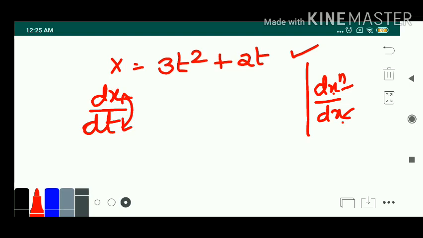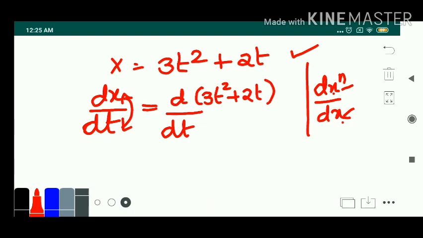So how would you do it? In place of x, you are going to write 3t squared plus 2t.